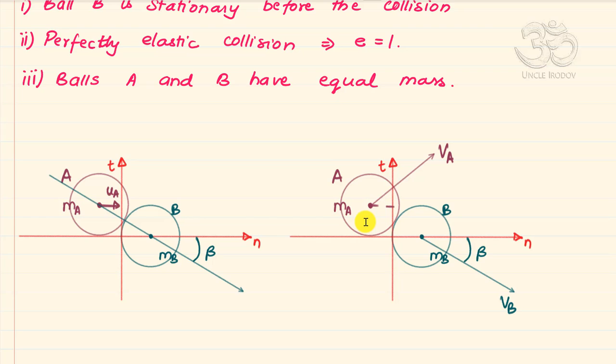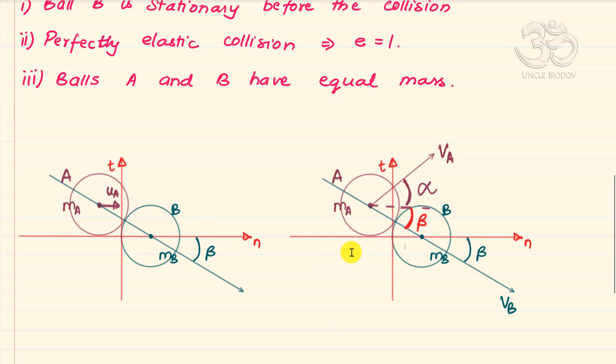The angle that this velocity VA makes with the horizontal is alpha, right? And I know that here this angle is beta, so I can produce this back, make it go through that center again, and show you where that angle beta is. That angle beta is the one marked in red.